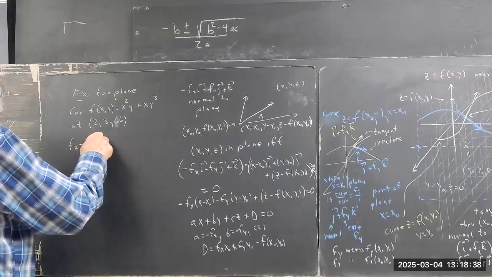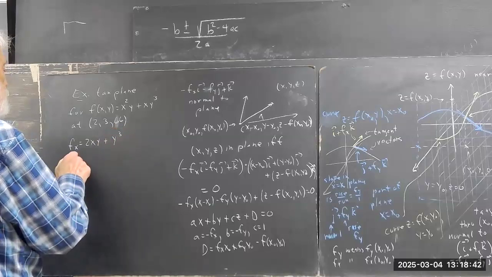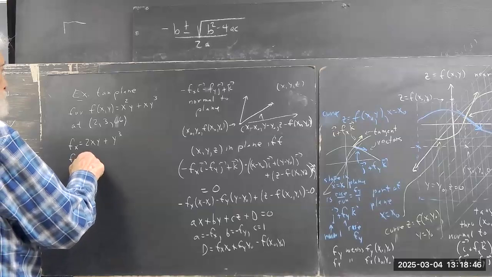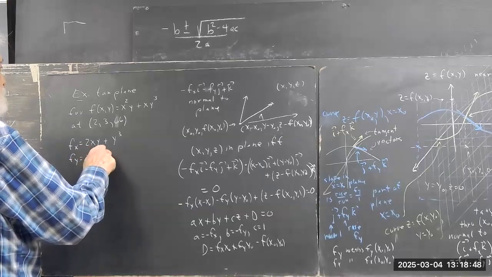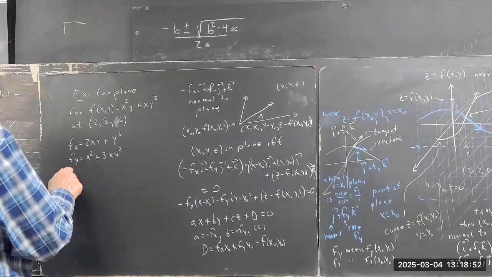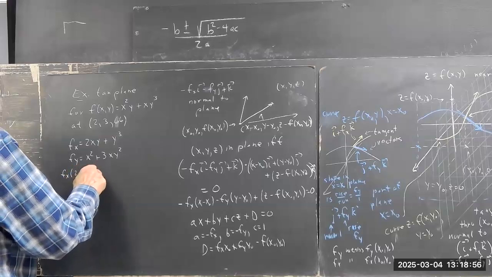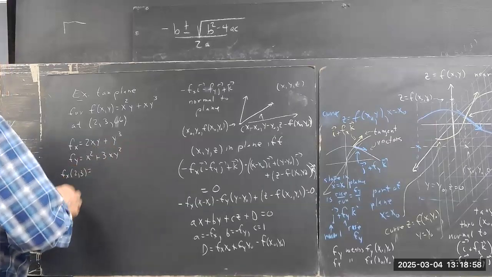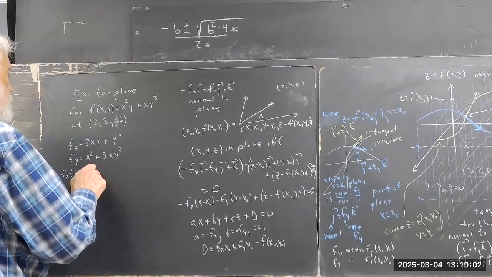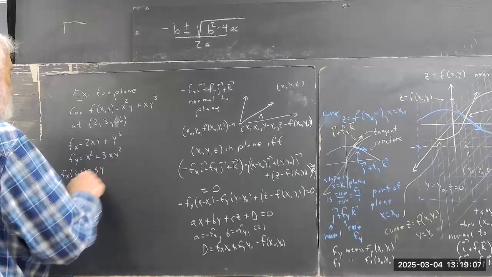Fx is 2xy plus y cubed. Fy is x squared plus 3xy squared. Fx at 2, 3 equals, careful, 2 times 2 is 4 times 3 is 12 plus 3 cubed is 39.